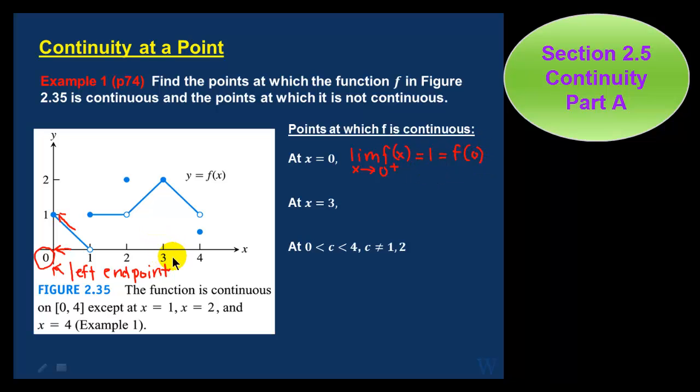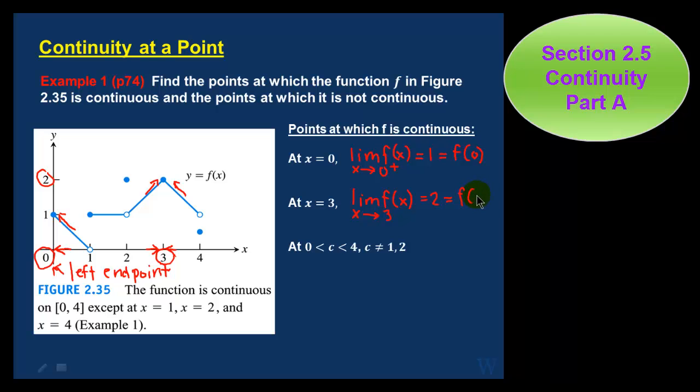What about at x equal to 3? X equal to 3 is an interior point between 0 and 4. If we check the limit of f of x as x approaches 3 from both sides, because it's an interior point, notice that all the y's are approaching 2. And in fact, what is f of 3?